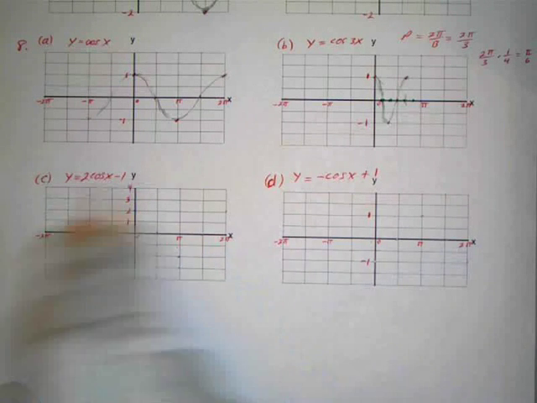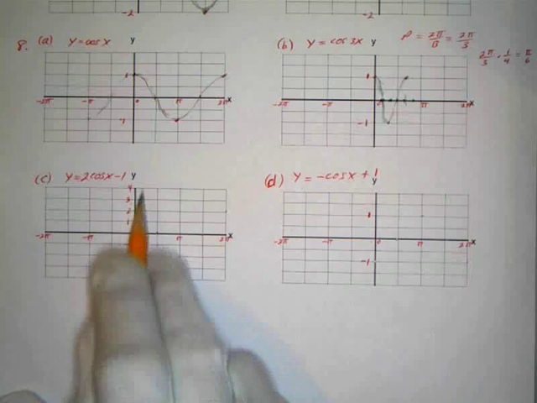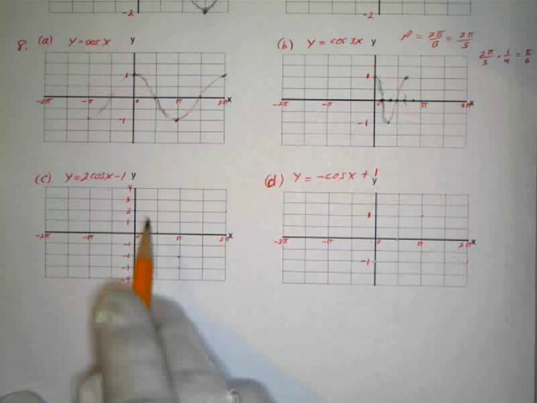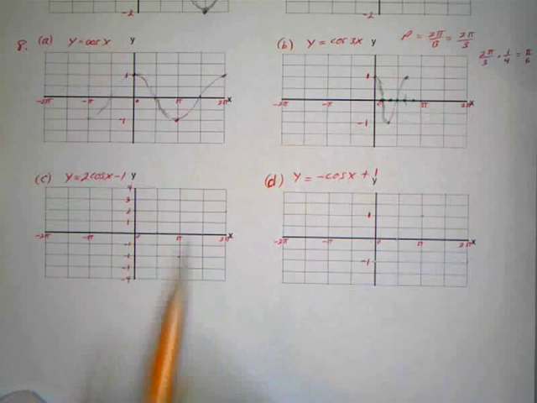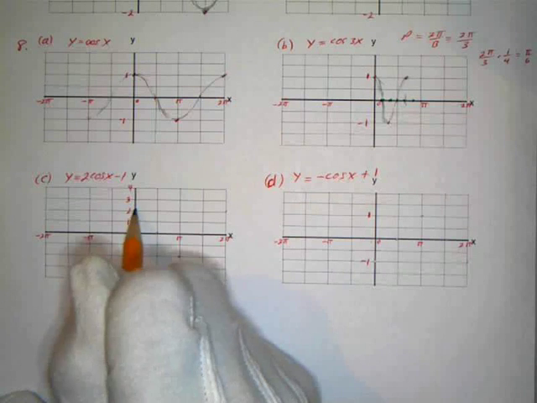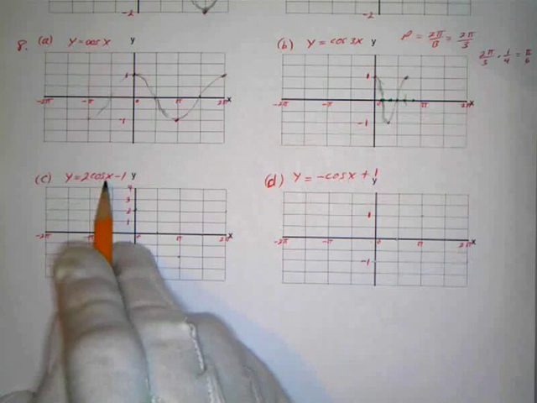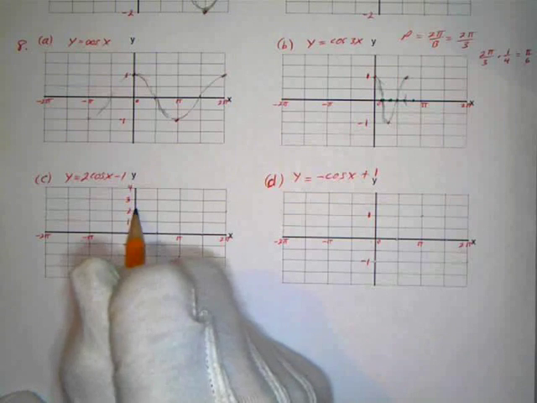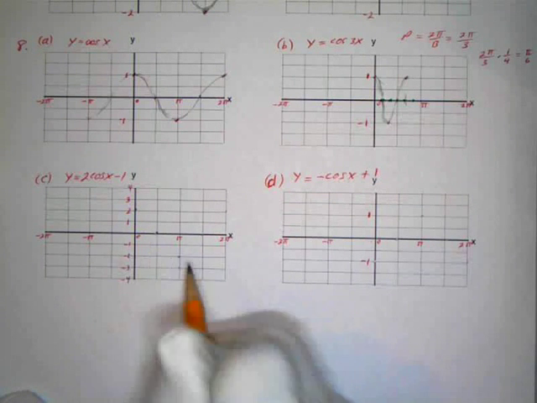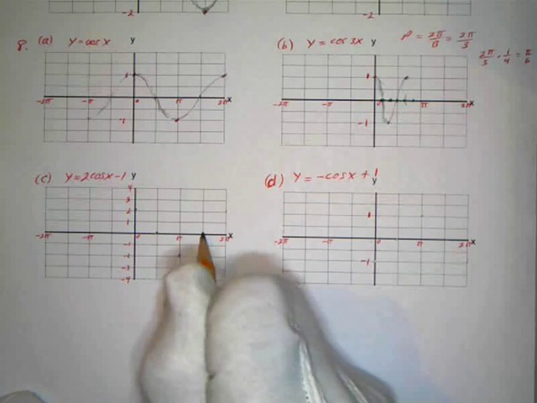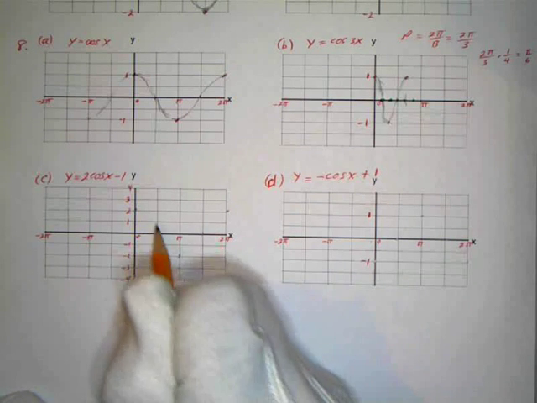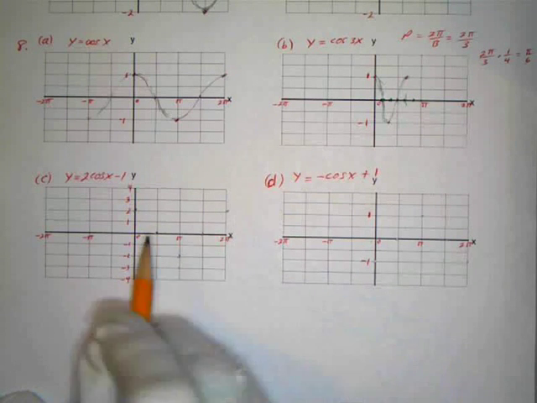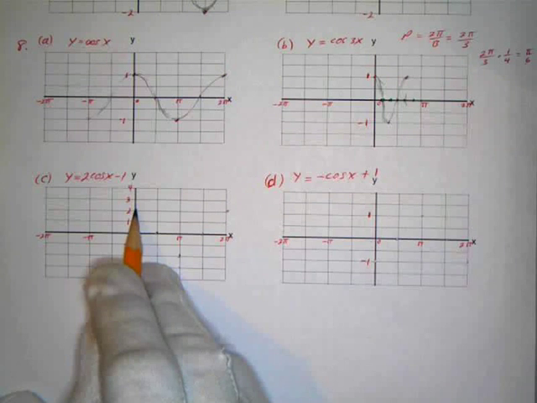I didn't draw another graph, so I'm using these graphs to make it easier for you to see. Here my amplitude is 2, so I'll start there. My period is still going to be 2 pi as usual. So I'll start there at 2, 0, -2, 0, and 2. That's my normal cosine curve, but with an amplitude of 2.